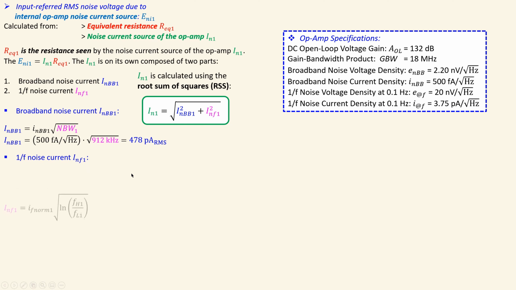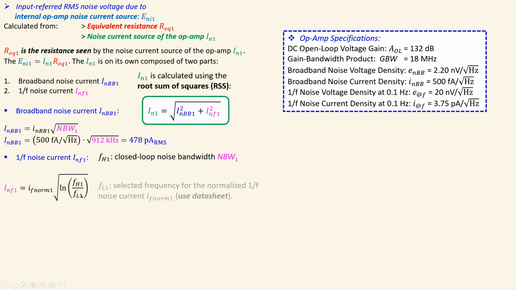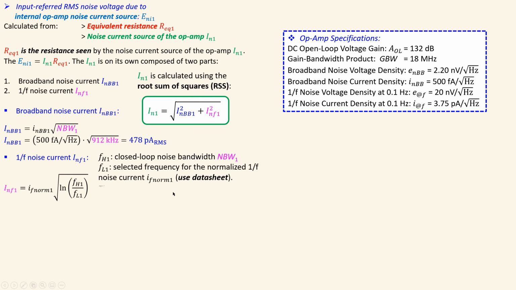Now for the 1/f noise current, a very similar formula. This is the noise bandwidth. This is the selected frequency. Again, we will take the 0.1 hertz. And this is the formula for the normalized noise current that will be, of course, calculated using the frequency we have selected from the 1/f noise region.